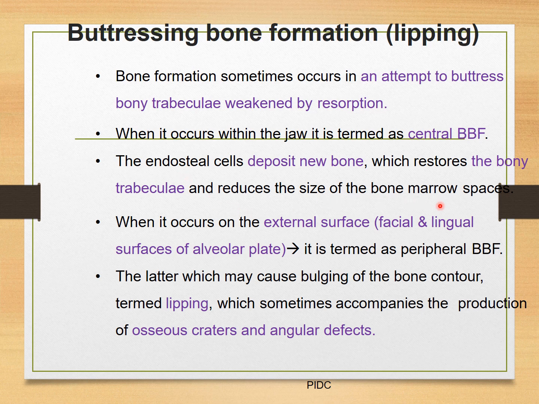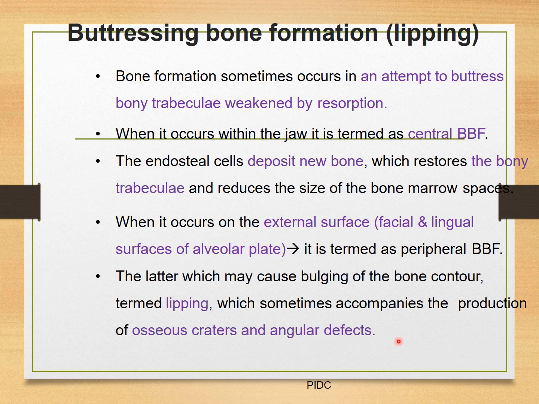When it occurs on the external surface, the facial or lingual surface of the alveolar plate, it is called peripheral buttressing bone formation. The latter one, the peripheral one, causes bulging of the bone contour, which is called lipping, which sometimes accompanies the production of osseous craters and angular defects.